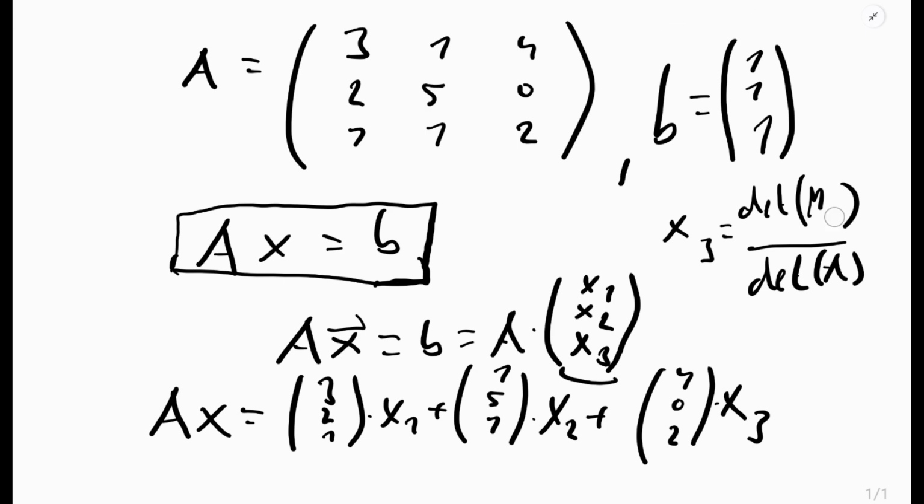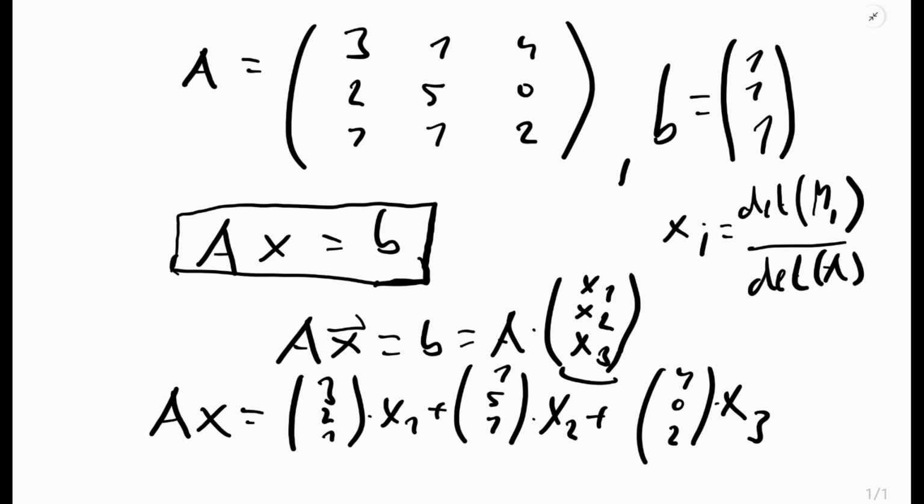All right. So in general, this is xi, the entry number 1, 2, or 3 of x, and it will be equal to the determinant of M, with the column number i replaced in A by b, which is the right side of our vector matrix equation.